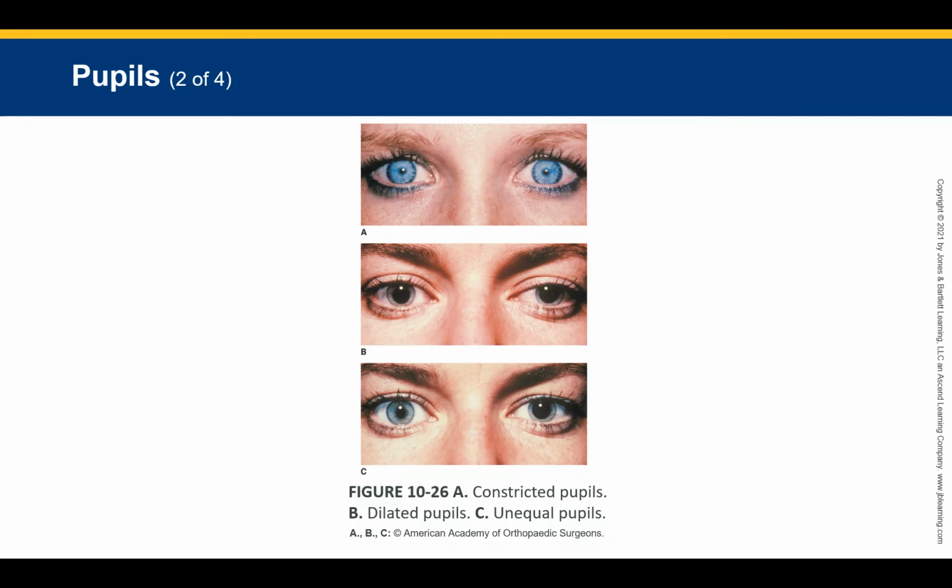Now, I'm going to throw you off a little bit more. So now we know it's a brain injury. What side of the brain is affected? The left side. Well, it's the right. So the right side of the brain controls the left side of the body. The left side of the brain controls the right side. So if you see a left pupil blown like this, that's dilated, you're going to have a right-sided brain injury.